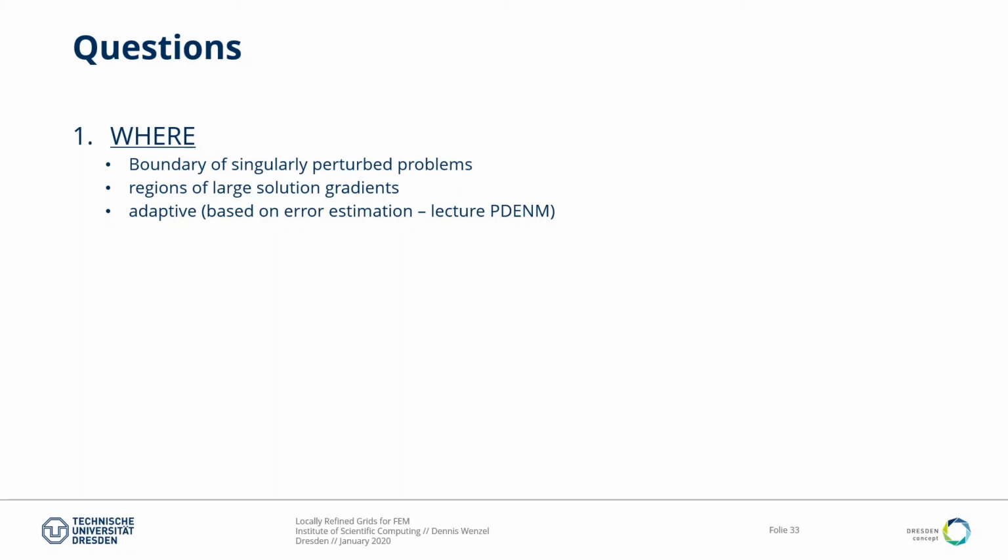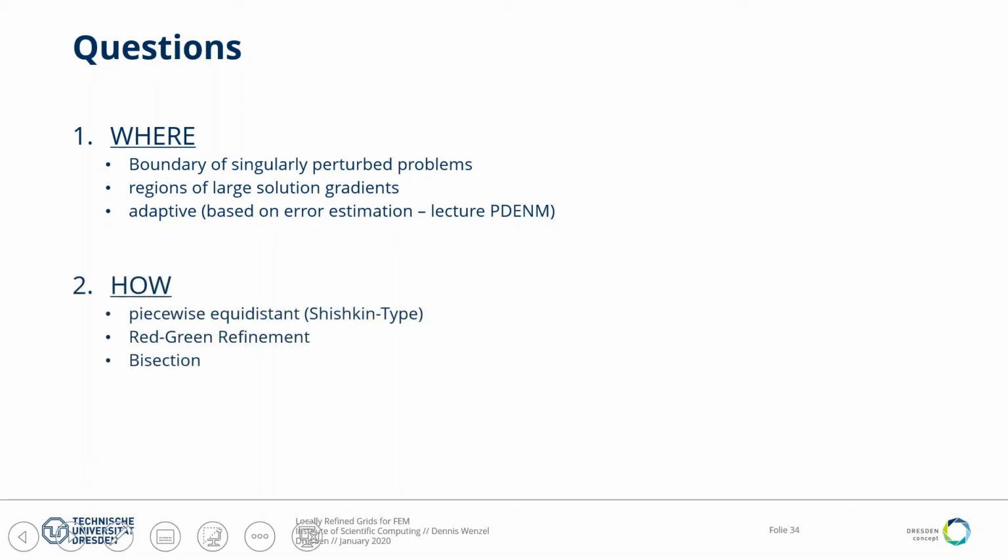These schemes are based on error estimation. So essentially during runtime, you try to estimate the error on individual parts of the domain and try to find those areas where the error is large and refine your grid there. That's called adaptive error estimation. That's done in the PDE numerics lecture, so they are discussing how this can be constructed.